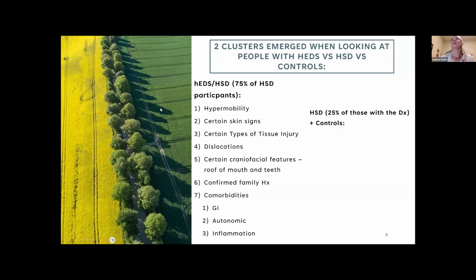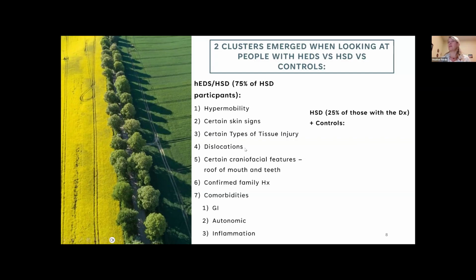And then there were 7 key features that percolated to the top. So hypermobility, current or past, was one of them. Certain skin signs was another. Certain types of tissue injuries, like the itises, the inflammatory tendinitises and bursitis, and dislocations.